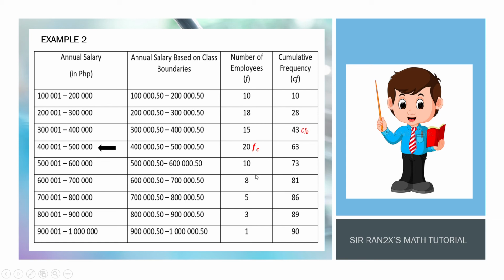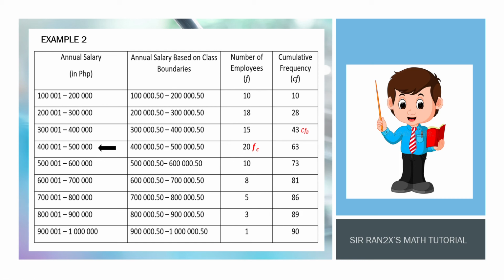That's 43. Now we have complete data: 43 as CF sub B, 20 as our F sub C, and our lower boundary is 400,000.50. Our class interval, our I, is the same. Our I is 100,000.